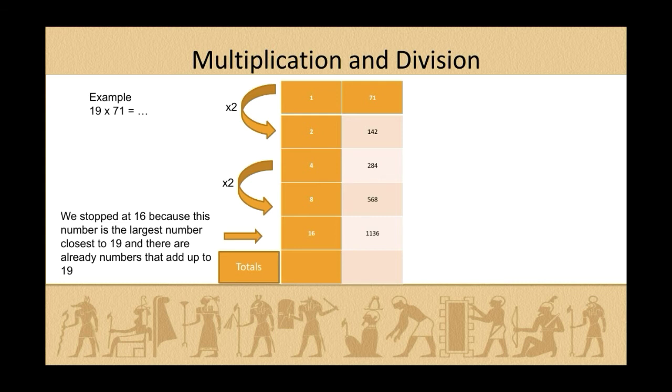After that, we choose the numbers that add up to 19 like this, and next we add the numbers that are parallel to it and the result is 1349.